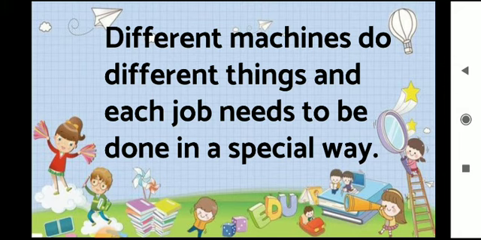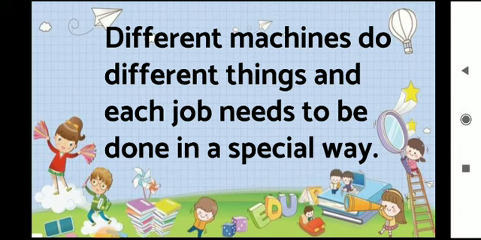And each job needs to be done in a special way. A mechanic does one thing, a carpenter does another, and the work of a dentist is different. So they all need different types of machines for their work. Machines or tools make their work easier and faster, so people can do more work using a machine.